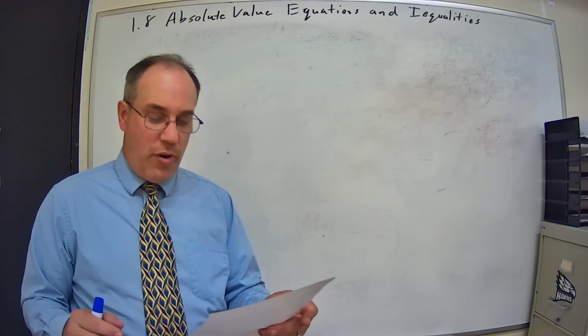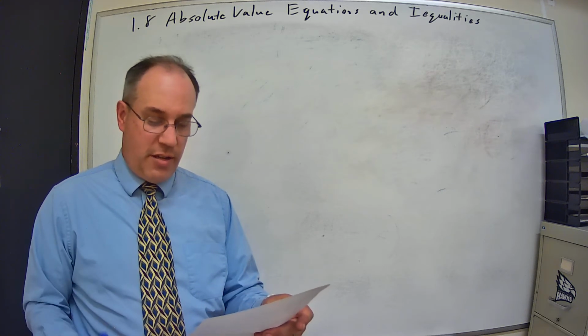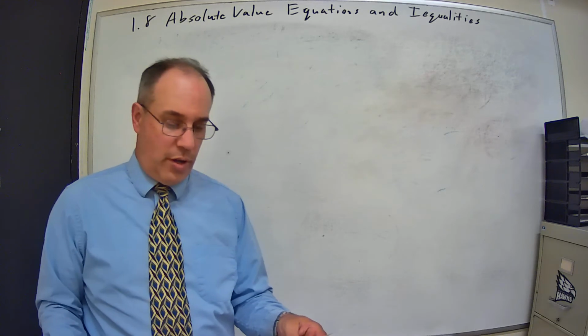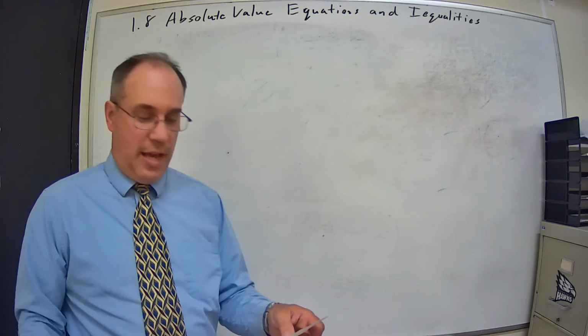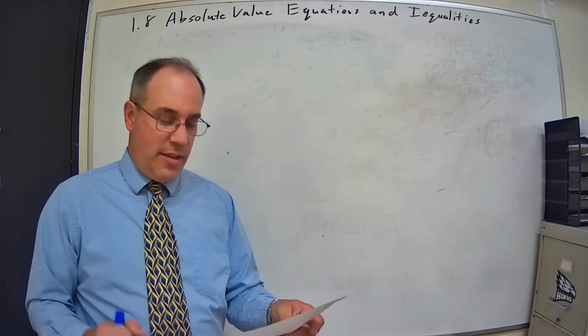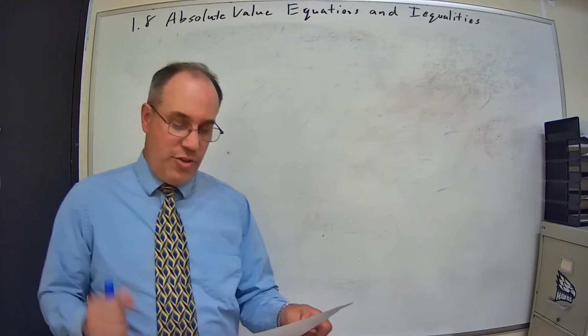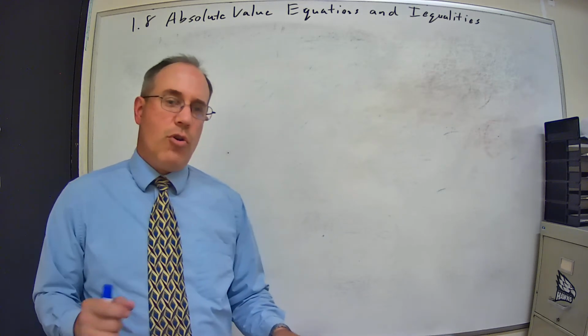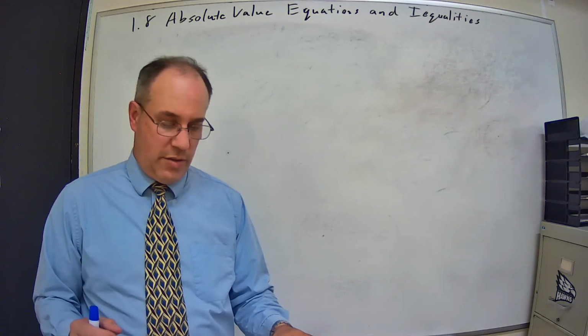M is no more than n units from 3. So I want to say, how do I write this as an inequality, using absolute value? M is no more than 9 units from 3.